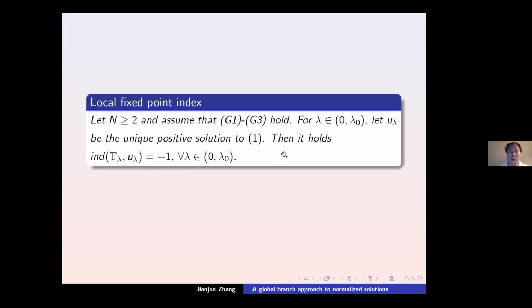So we can use the topological argument to show that for any lambda, the T lambda always has the fixed point. Then we can show that our problem has a normalized solution for any lambda.